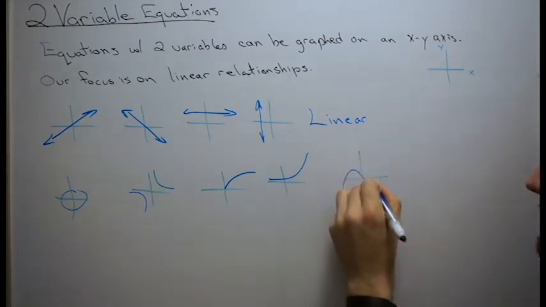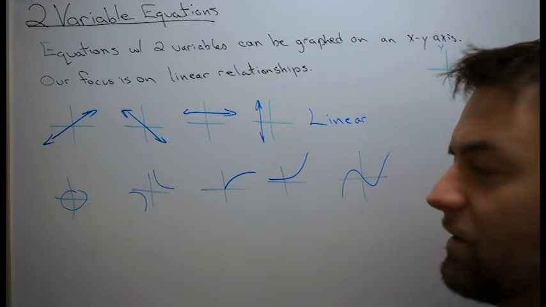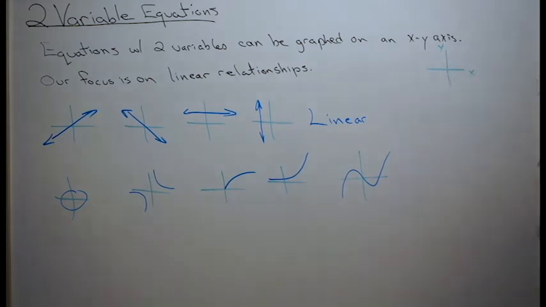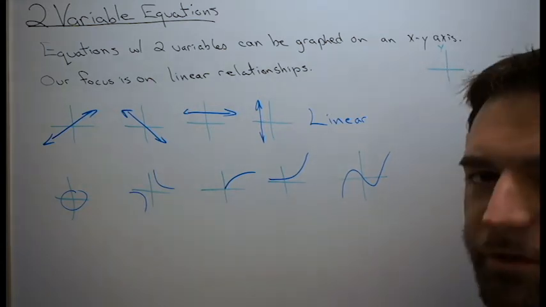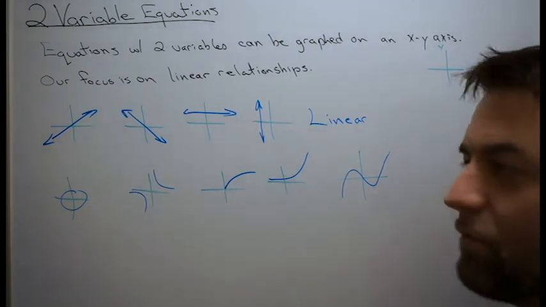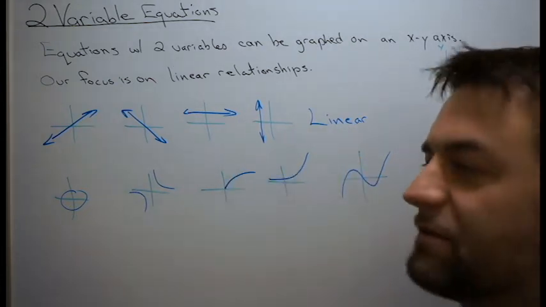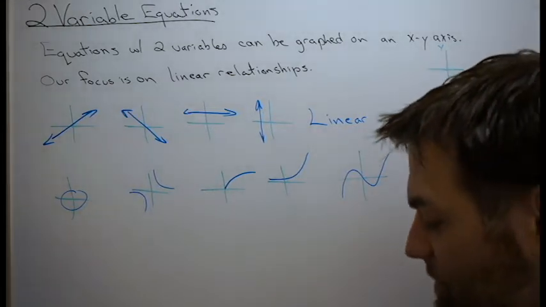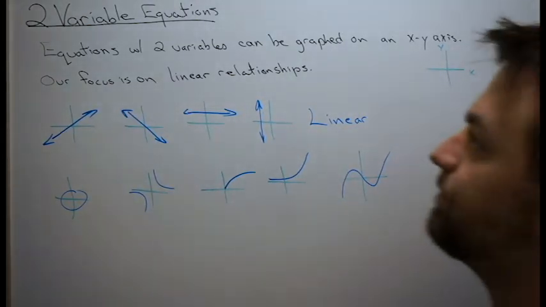You may have some other higher power relationships like that. So there's a whole bunch of different relationships that you can have, different types of graph. The only ones that are going to be focused on for us is linear. So what's linear versus not linear, and those are some quick examples as well.